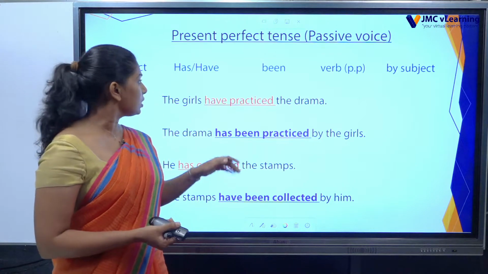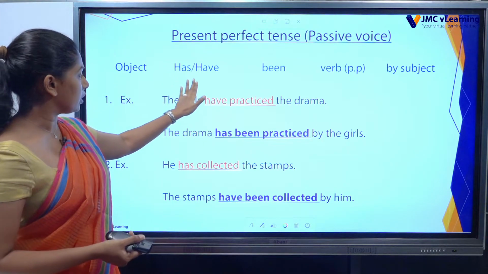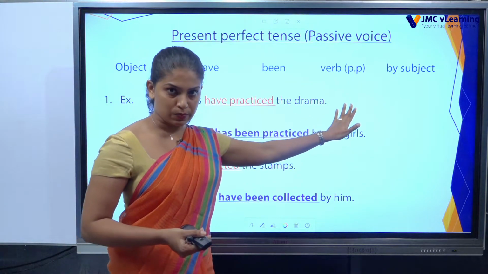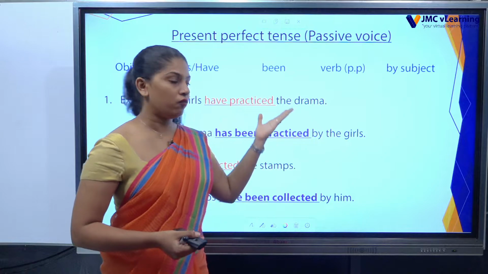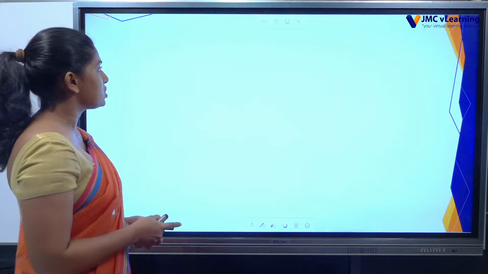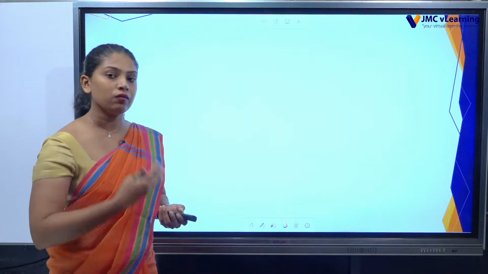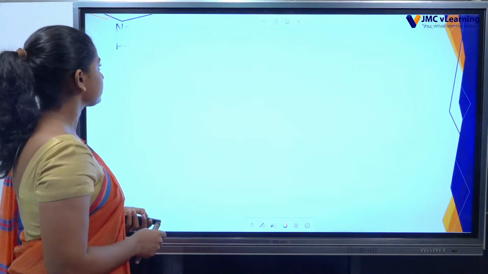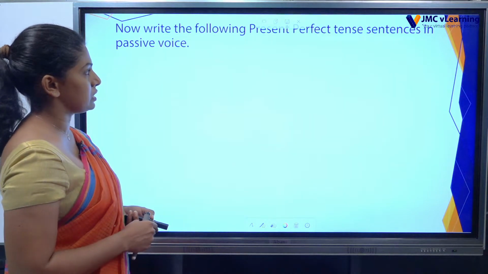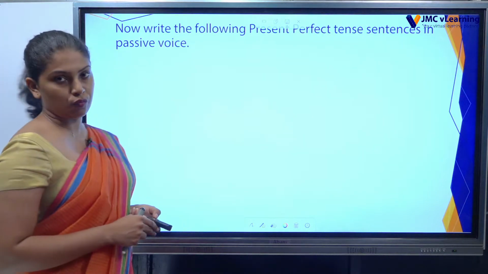The structure is object first, according to that has or have, helping verb been, verb in past participle, by subject. We went through some examples. Right, now let us move to an activity and try to apply what we learned. Now write the following present perfect tense sentences in passive voice.